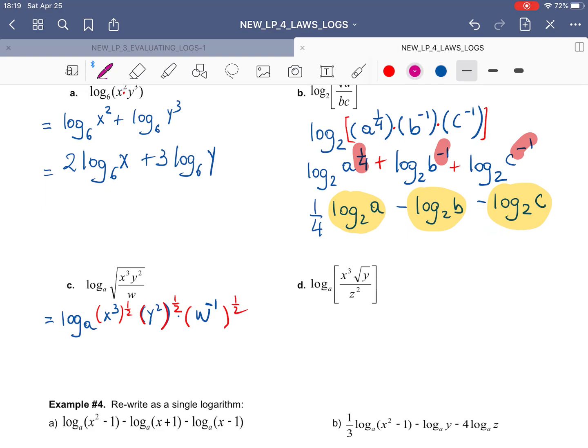So we have the product rule throughout. So that means we are applying the product law.